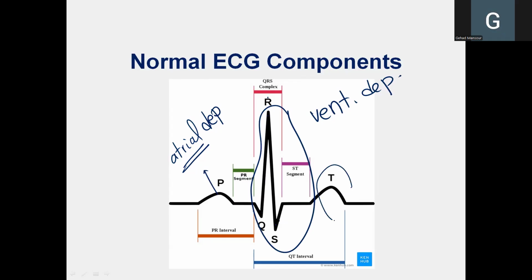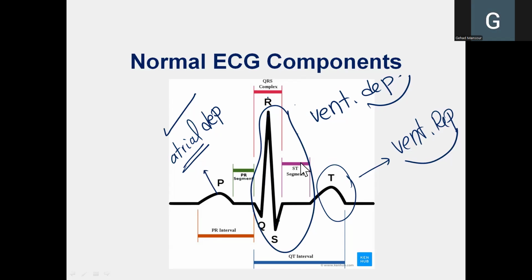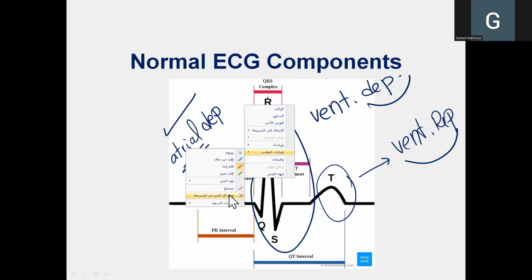And then we have the T wave that indicates ventricular repolarization. And we said before several times that we can see atrial depolarization only, whereas we can see ventricular depolarization and ventricular repolarization. Why can't we see a wave for atrial repolarization? Because it is masked by the QRS complex.